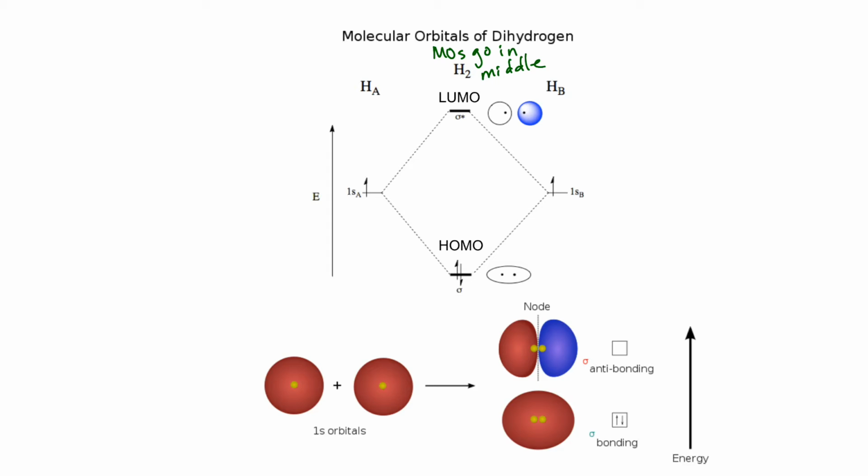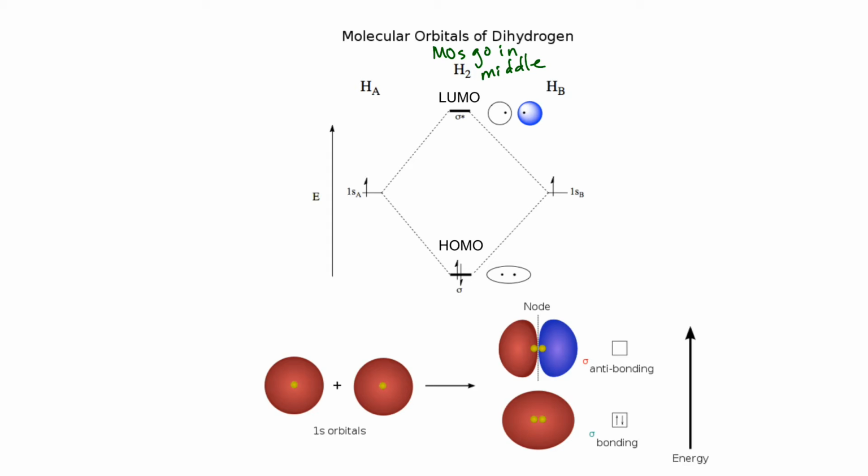Okay, so those 2 electrons are going to start off down here in our lowest energy molecular orbital. And that's it. Now we're out of electrons. So all of our electrons are in this bonding molecular orbital. So that tells us that bonding is a favored situation for these 2 hydrogen atoms.